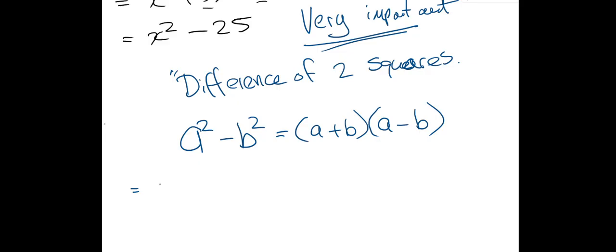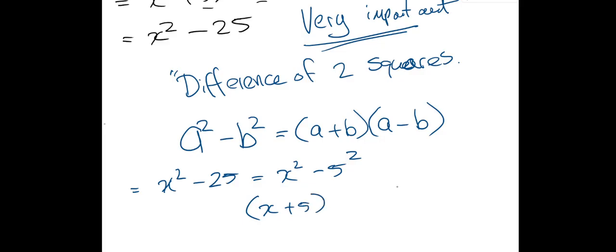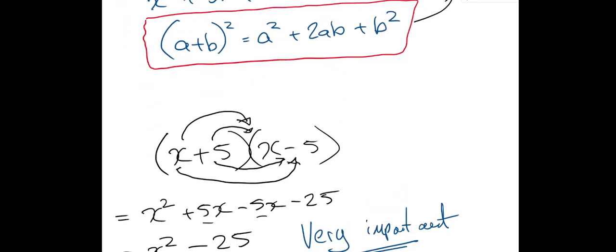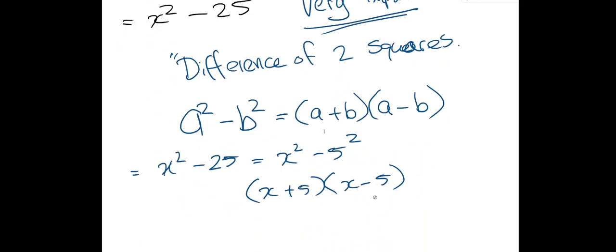It's a nice square. X squared minus 25 is the same as saying x squared minus 5 squared. So we could have jumped straight to the end result, x plus 5, x minus 5. Which is what we actually started with there.